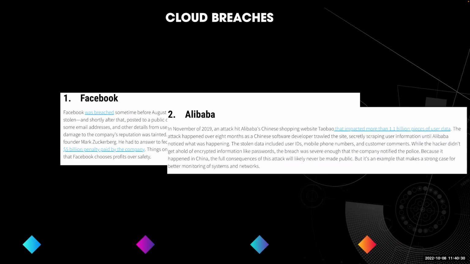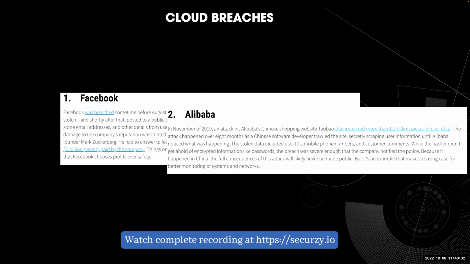Then we had the Alibaba breach. This was a Chinese shopping website which got breached. Again, customers' sensitive information, their credentials, their coordinates, got leaked. But because it was in China, we don't have many news reports about this hack.